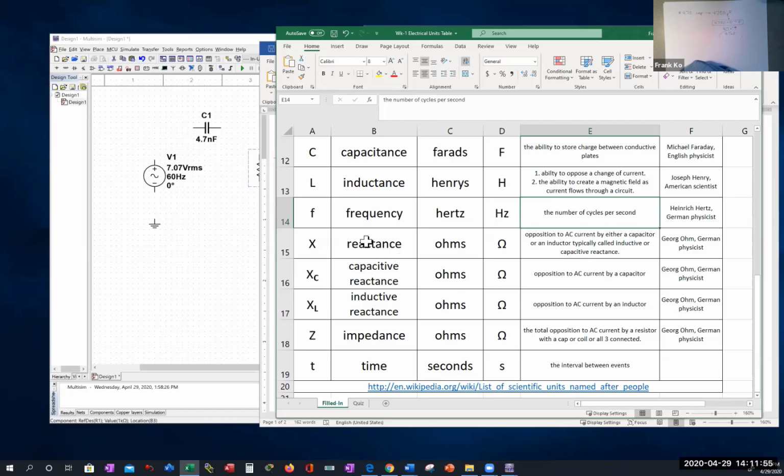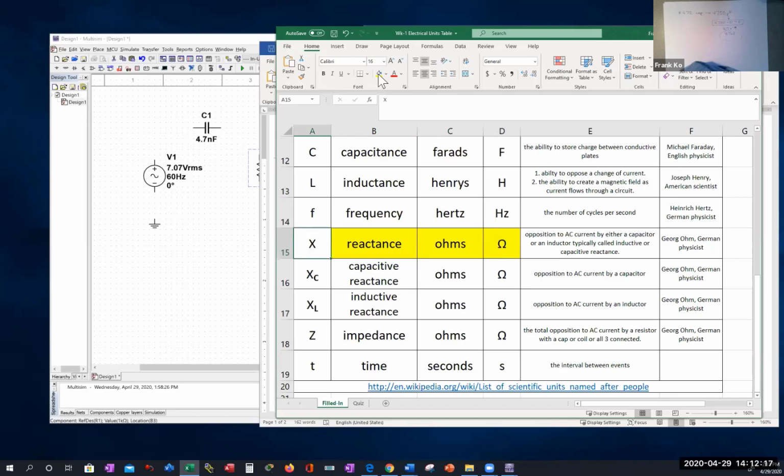Some of the new words we're going to be introduced to today: reactance, not resistance. It is called reactance. And reactance is measured in units of ohms with the symbol omega, just like resistance. However, it's not resistance, and we don't use the letter R here. What letter do we use?